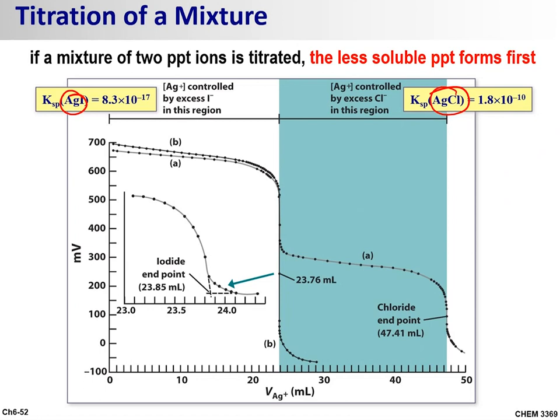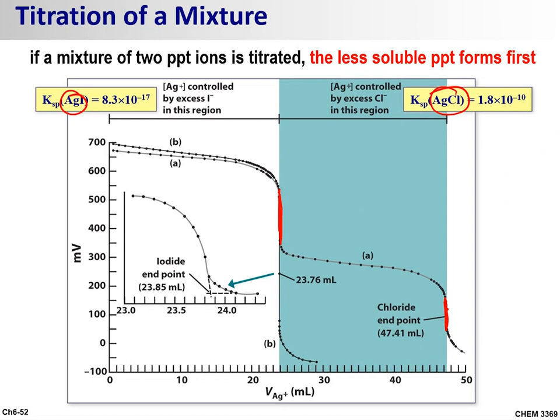So in this case, you look at the solubility product for silver iodide, it's 10 to the negative 17th. So it's much lower than the solubility product for silver chloride. It's 10 to the negative 10th. So the difference is 7 orders of magnitude. So silver iodide will be precipitated first because it's less soluble, and then we will have the second endpoint for the chloride.